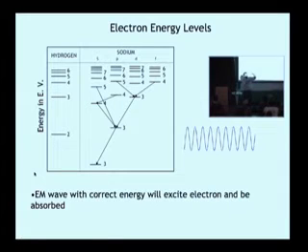Oftentimes, there'll be a collision within the atom. Instead of the electron just jumping back down again and giving off a photon, before it can do that, another atom will collide. That energy that was stored in the higher energy state is converted to kinetic energy of the atoms.